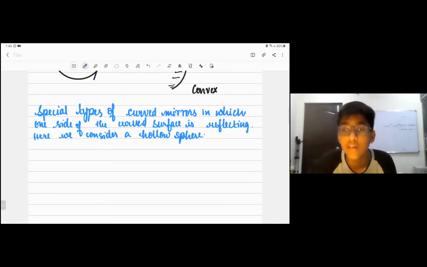Here we consider a hollow sphere, meaning there is nothing inside it.